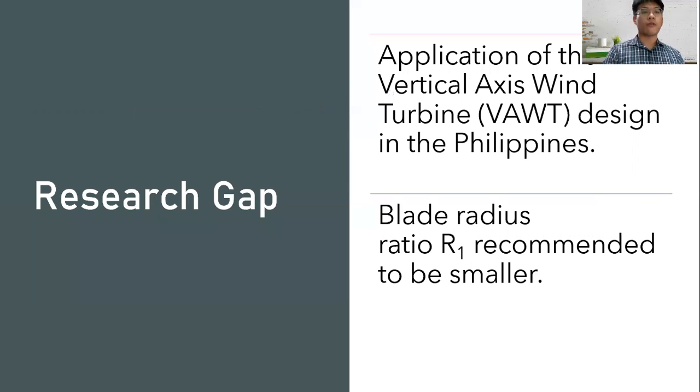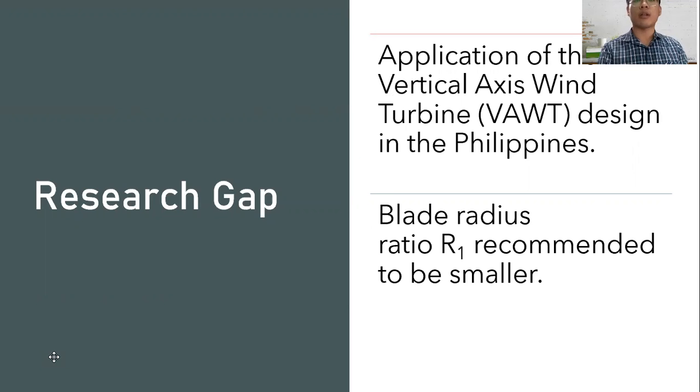For the research gap, first we have the application of the vertical axis wind turbine design in the Philippines, which in this case, the research will be focused on the IceWind design, which has a Savonius blade design. Next, research gap.